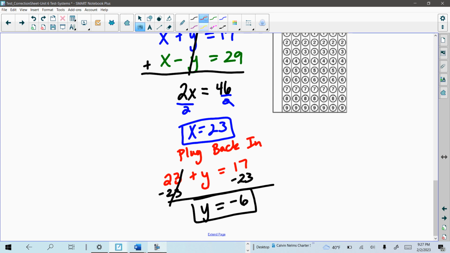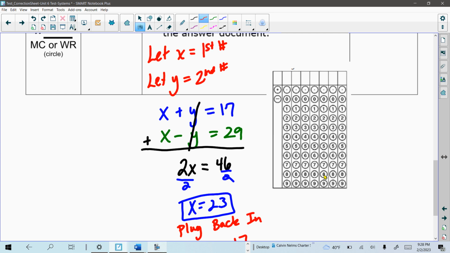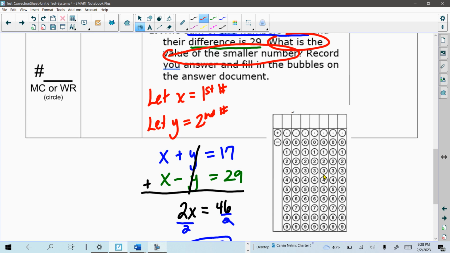Anything that's negative versus a positive, this was the smaller number. So, oops, I forgot the R, sorry. So when you do a griddable, because it's a negative 6, I tend to say put everything in the box. So I was looking for the negative to get bubbled in and then the 6.